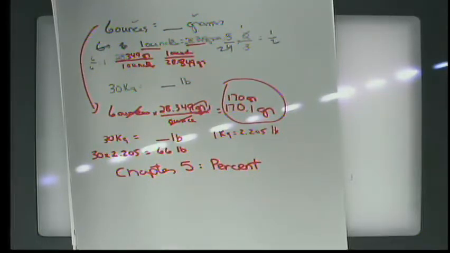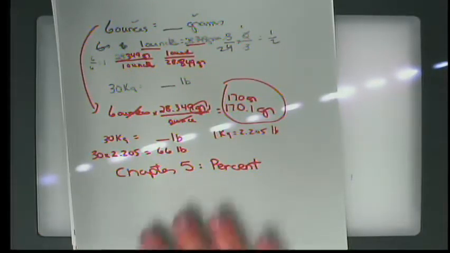Okay. All right. Sales were $100,000 2 months ago and increased by 20% last month. What were sales last month?